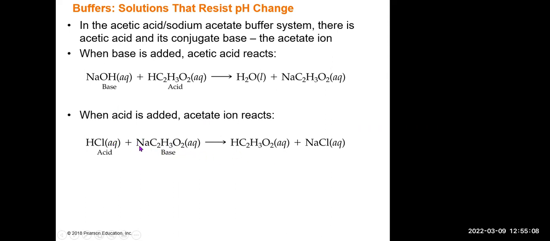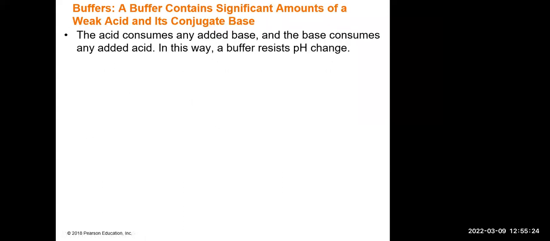Even though Na is just a spectator. So when you add a strong acid, the weak base turns the strong acid into a weak acid. In that sense, the pH will not go down too much. The acid consumes any added base, and the base consumes any added acid.